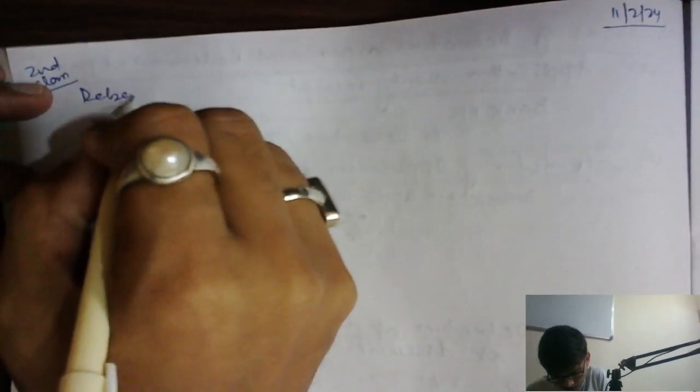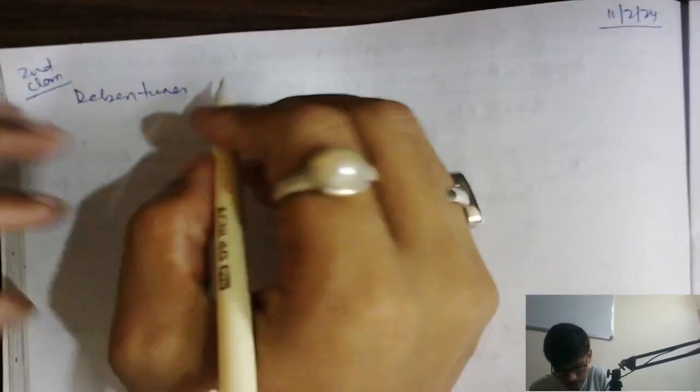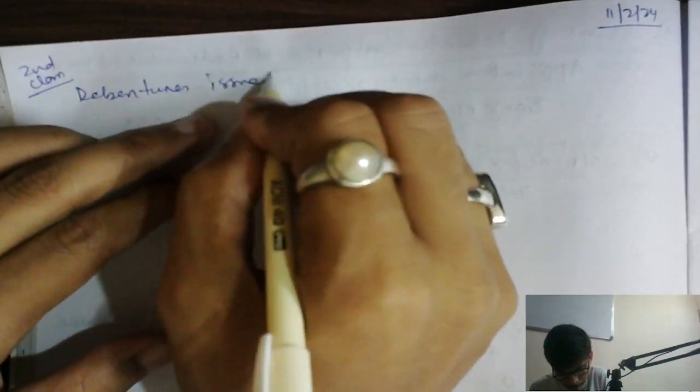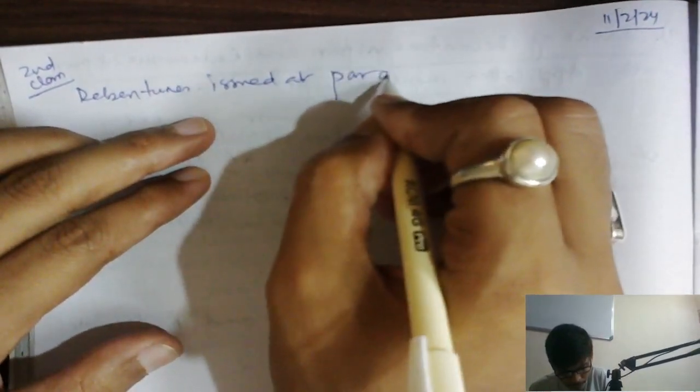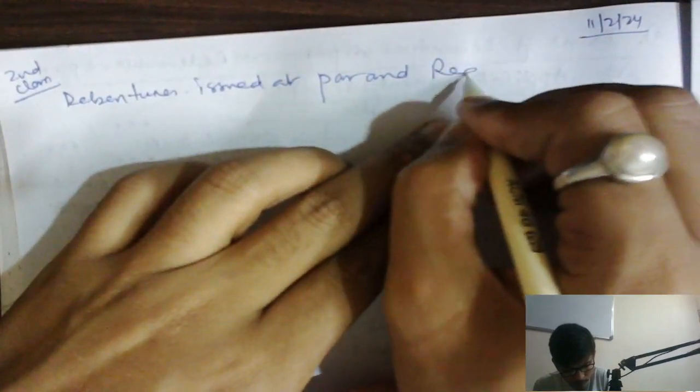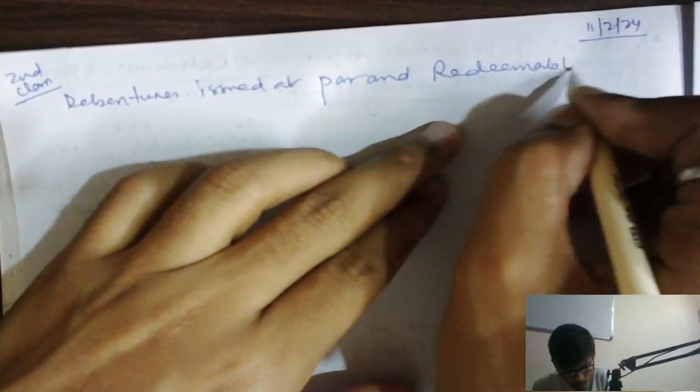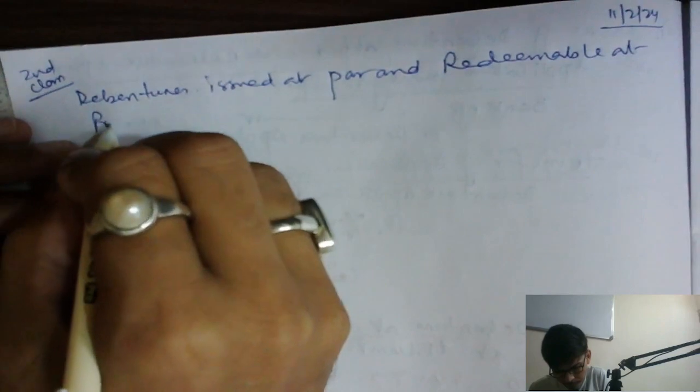Okay, see here, I am making a heading: debenture issued at par and redeemable at premium.